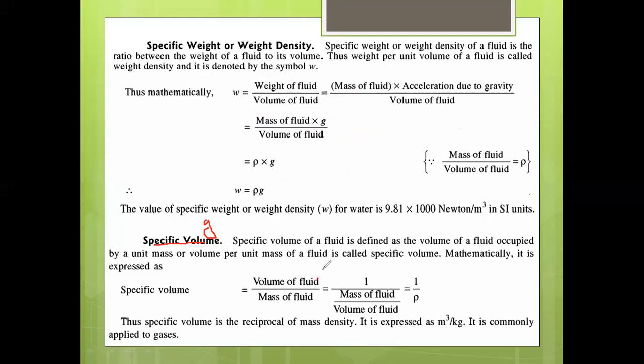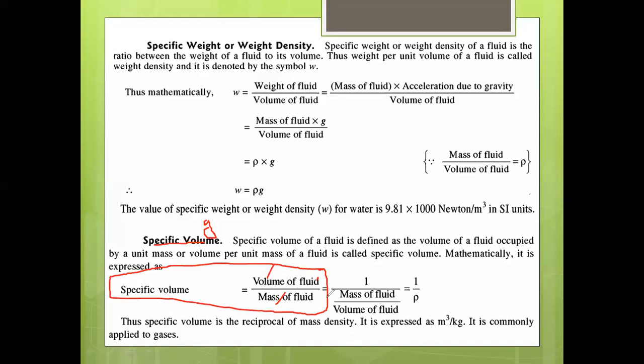If you compare this expression with that of mass density, you can see these entities are just reversed. In mass density, mass was in the numerator and volume in the denominator, but in specific volume, mass is in the denominator and volume is in the numerator.